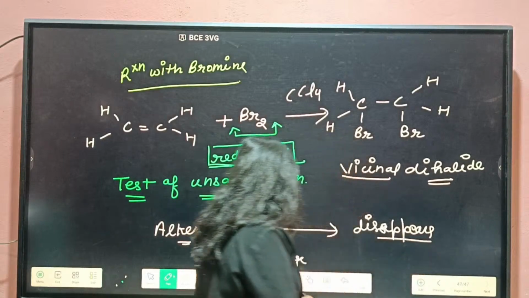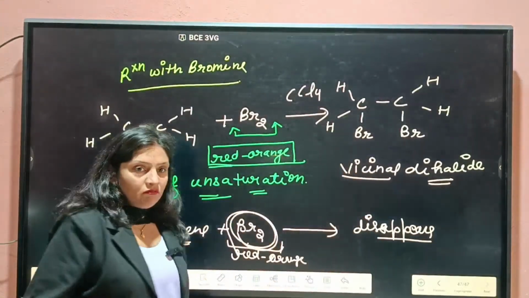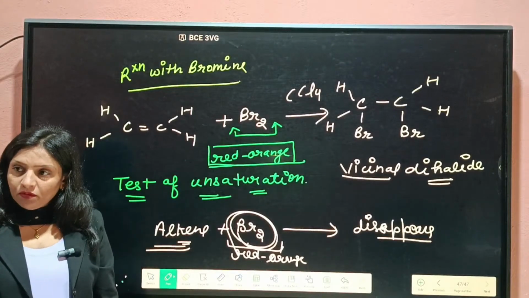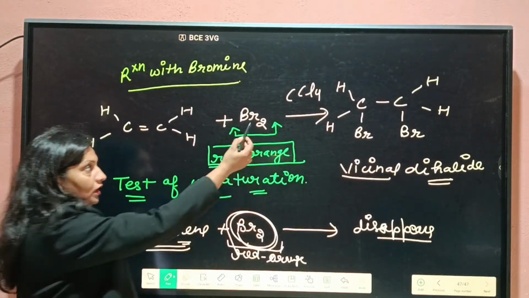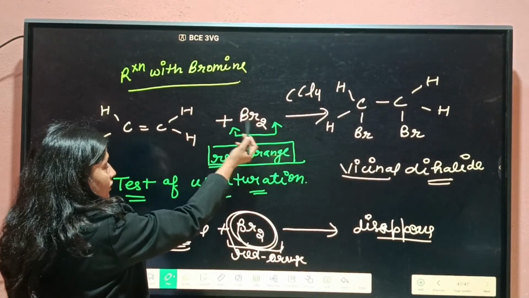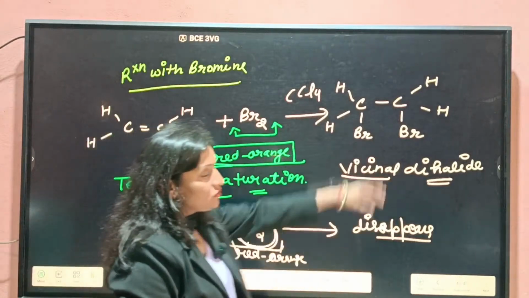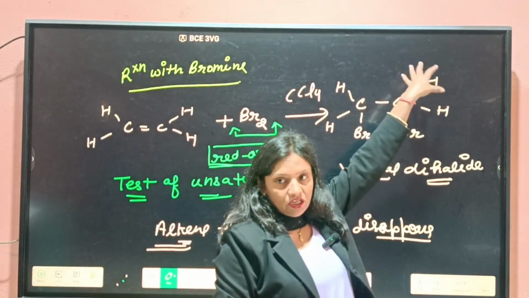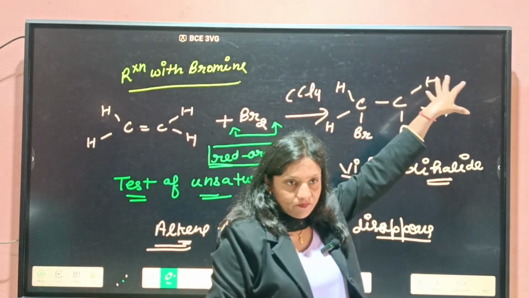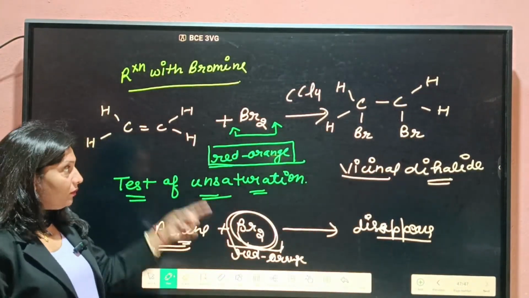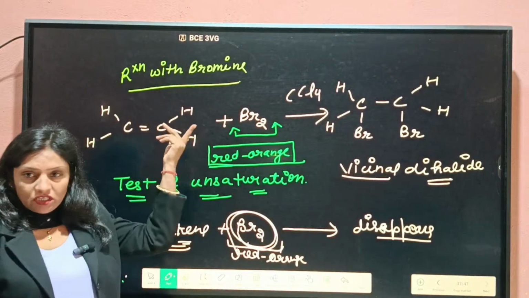If the color of the bromine disappears, it means a double bond was present there. After reacting, it breaks the double bond. Now it is a saturated compound. Clear? So it is showing decolorization, meaning a double bond was there, unsaturation was there.